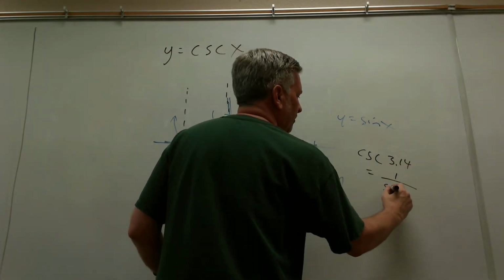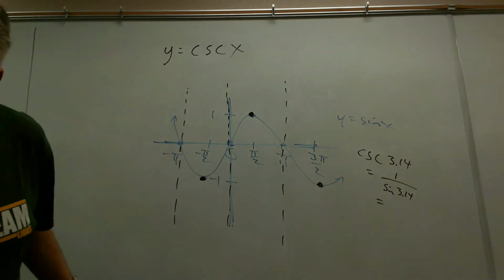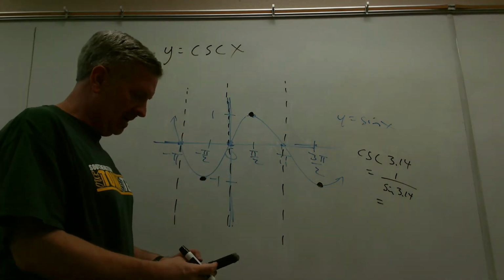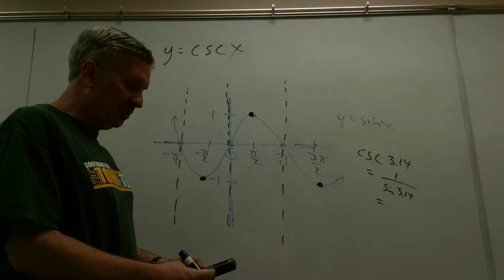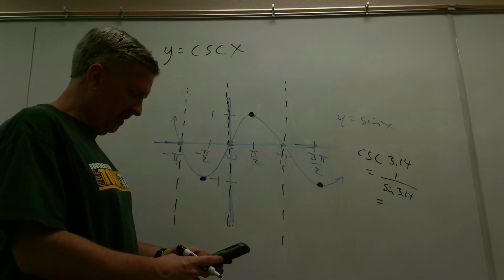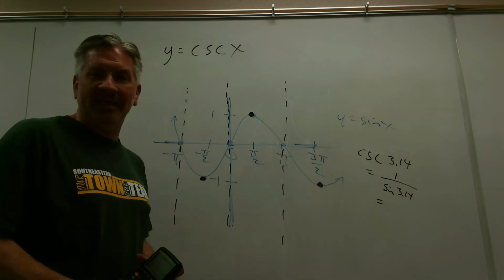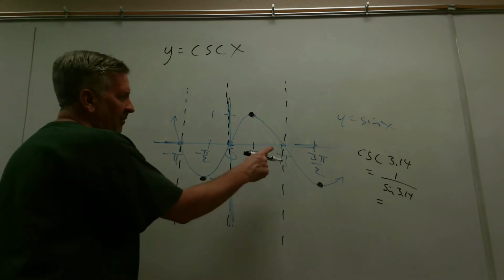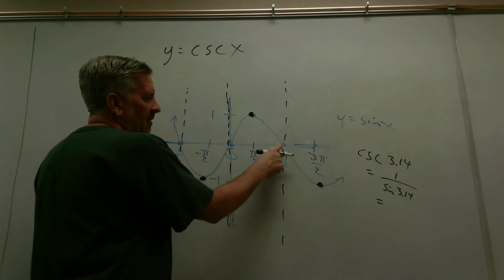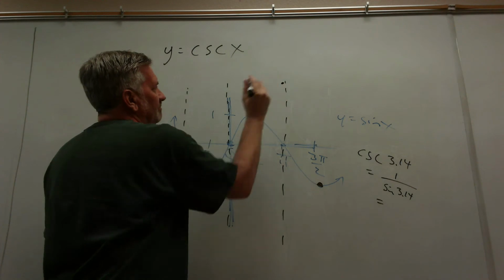Well, it's 1 over sine of 3.14. Again, 3.14 is not exactly pi. It's a little less than pi. So if we type that in again, make sure you're in radian mode. So 1 divided by sine of 3.14 is almost 628. So notice when I pick a number very, very close to pi, and to the left, cosecant of it is huge.